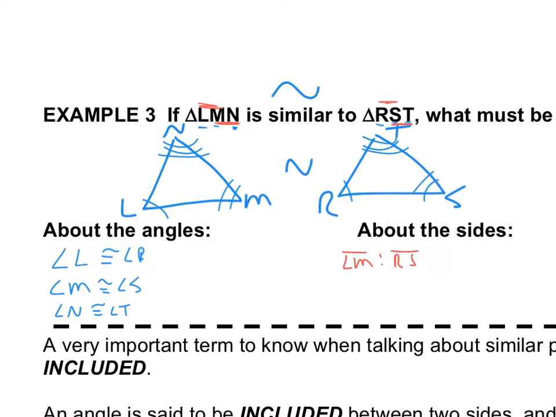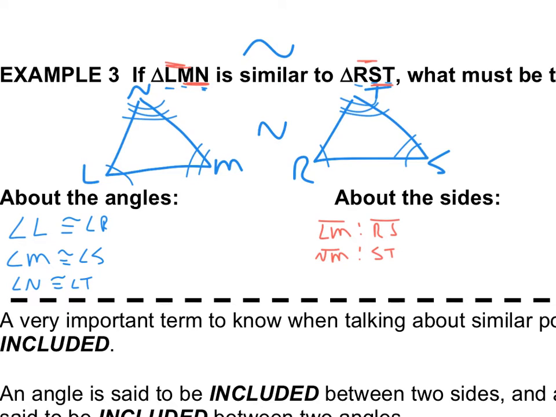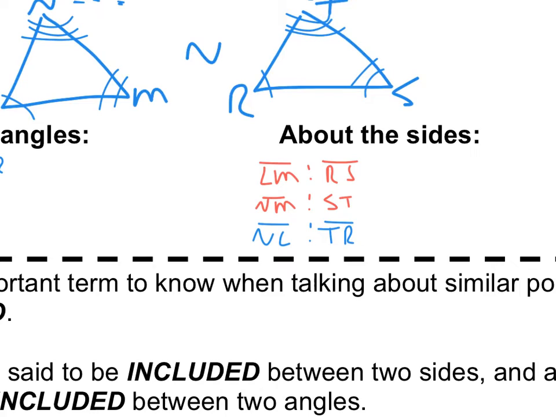That means it goes with ST. So NM with ST. And you could have done MN also. Sorry, I did that backwards. And then the same thing with the last ones. N goes with L and T goes with R. So NL and TR. But remember, these are segments, so the letters could be flipped, and that's still just fine.